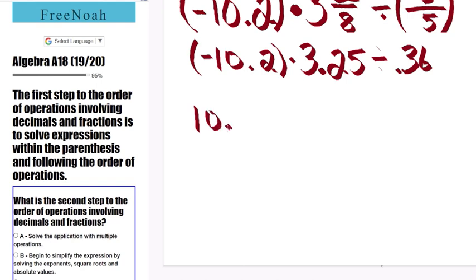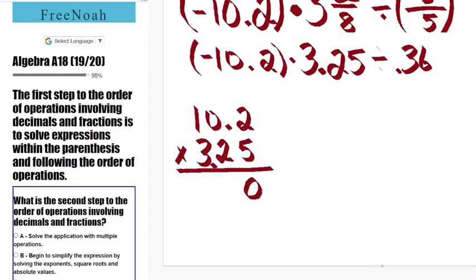All right, so 10 and 2/10 times 3 and a quarter. Well, 2 times 5, that's 10. Carry the 1 over. 0 times 5 is 0. Plus 1 is 1. 5 times 1 is 5. Moving on to our second column there, we have 2 times 2. Well, that's 4. 2 times 0 is 0.